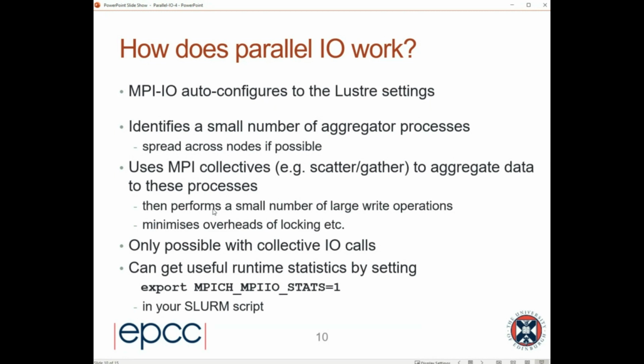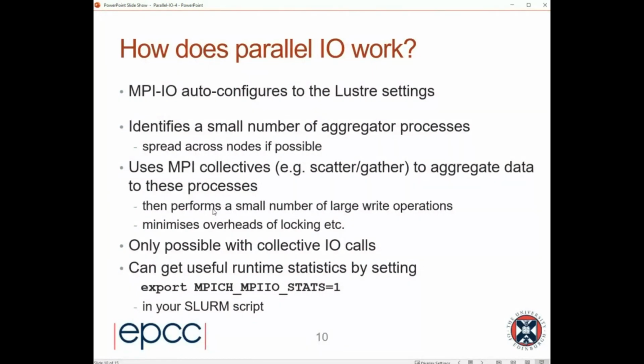If you have effectively one I/O process per OST, there's no need for any locking and such like, because only one process is writing. Unfortunately, we've seen that the single process I/O speeds on ARCHER2 are rather low. That's an issue, but that's for later.